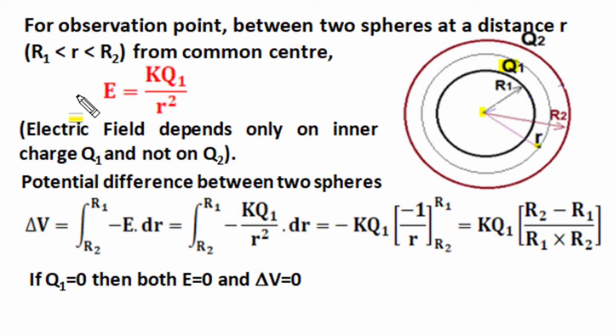So E into 4 pi r square is equal to Q upon epsilon. When simplified, it will give the strength of the electric field as K Q1 upon r square, where K is 1 upon 4 pi epsilon 0, and this electric field is the same as that produced by this spherical Q1 charge, which acts as a point charge from the center, and at a distance r from the Q1 charge the electric field intensity is K Q1 upon r square.